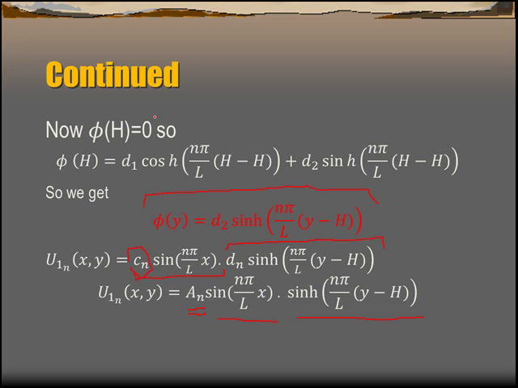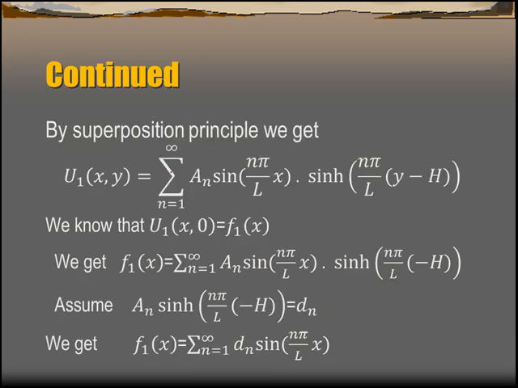So here we have infinite solutions to a linear problem, so the sum of all these solutions is also a solution. So we can write u1 of x y is equal to summation n starts from 1 up to infinity, a constant an multiplied by sin n pi x over l multiplied by sin hyperbolic n pi over l into y minus h. This is a compact shape of a unique solution.